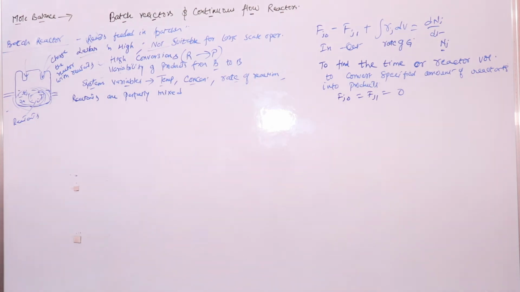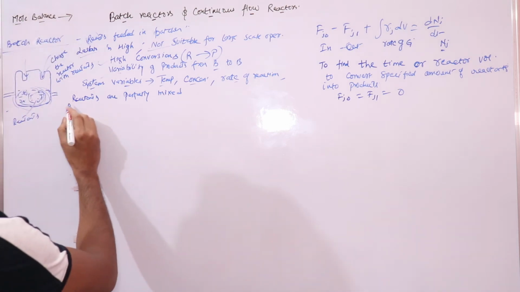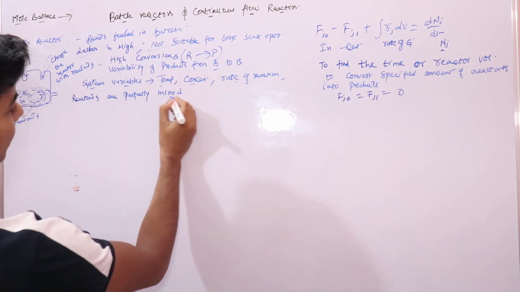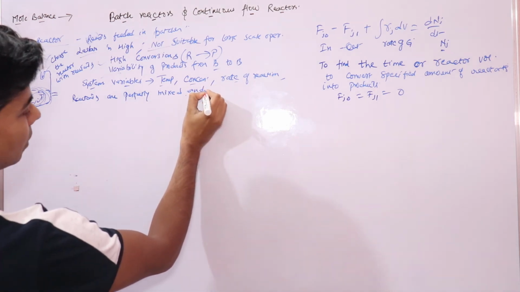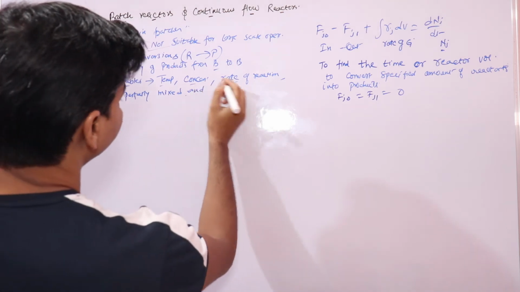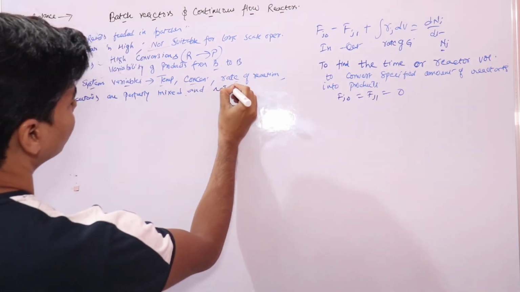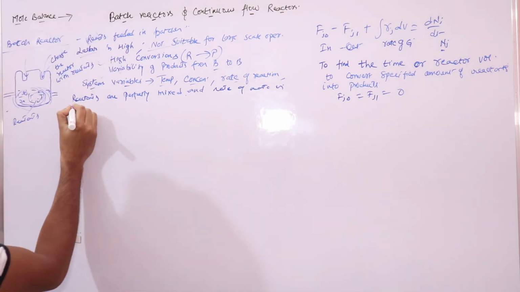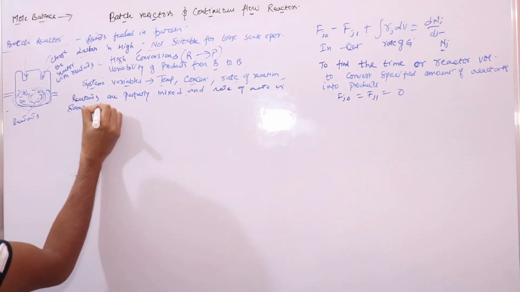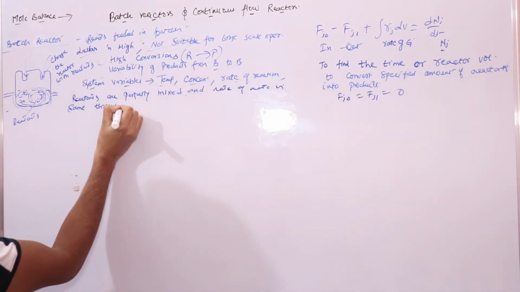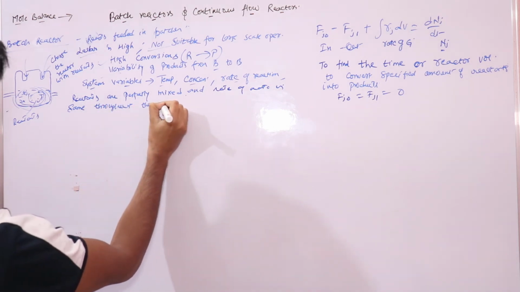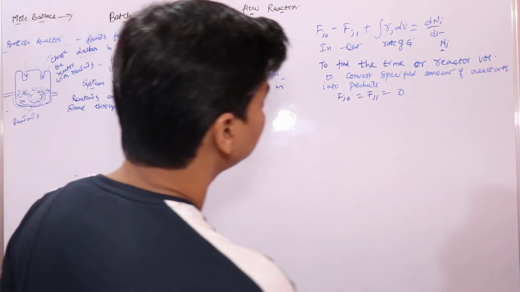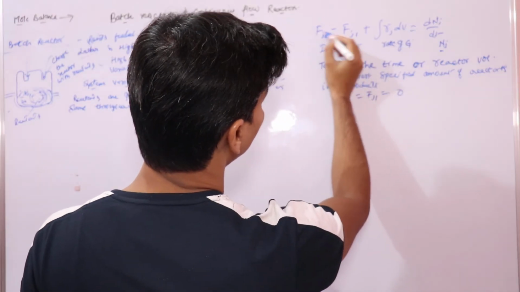The reaction mixture is perfectly mixed, and the rate of reaction is the same throughout the reactor volume. That means this is 0, this is 0.